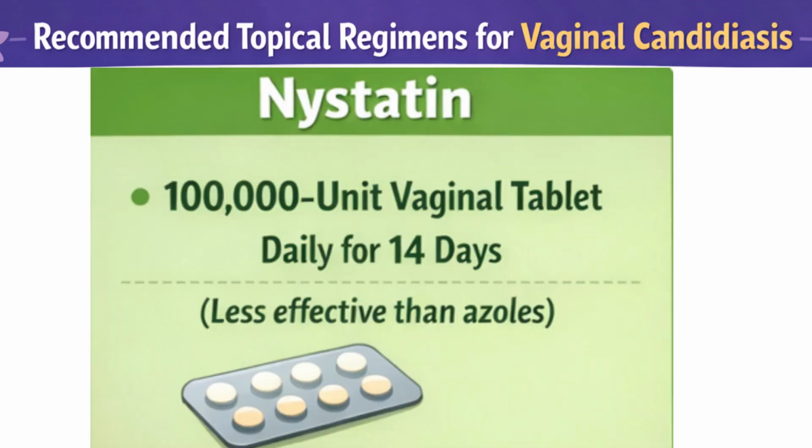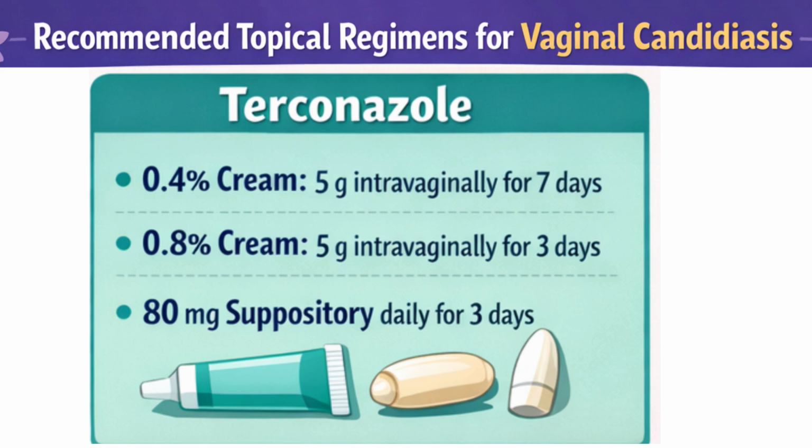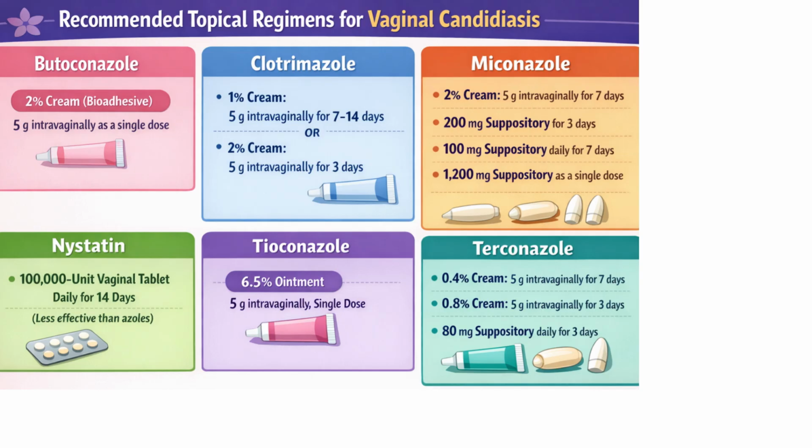Nystatin, although available, is less effective than azole and requires 100,000 units intravaginally for 14 days. Fluconazole is used as a 6.5% ointment, 5 grams intravaginally as a single dose. Fluconazole may be given as a 0.4% cream for 7 days, a 0.8% cream for 3 days, or as an 80 milligram vaginal suppository for 3 days.